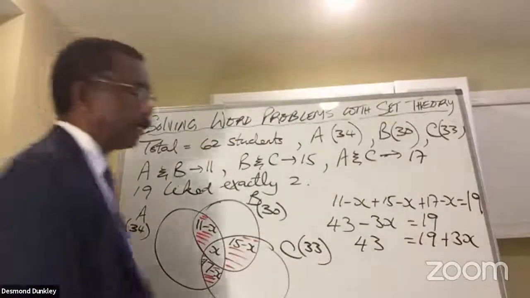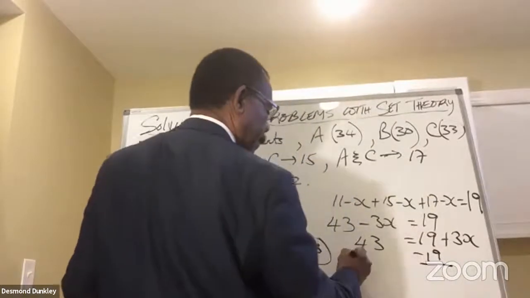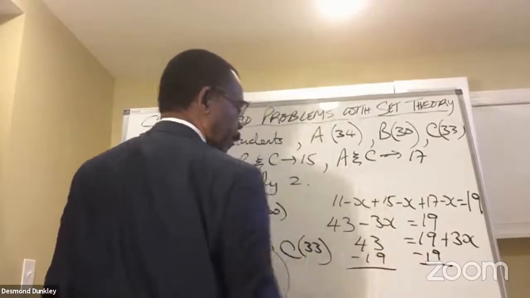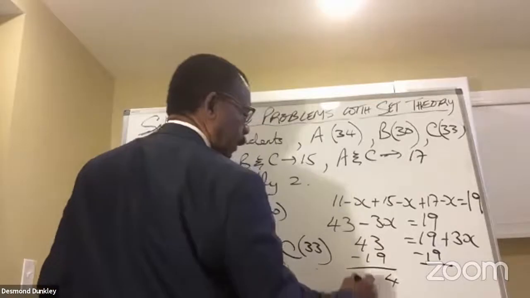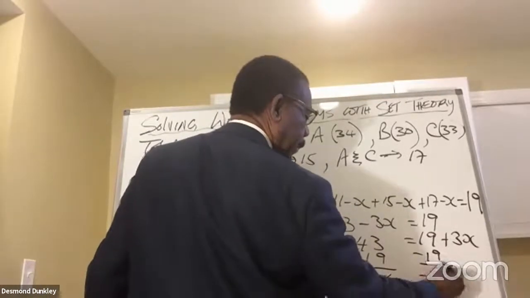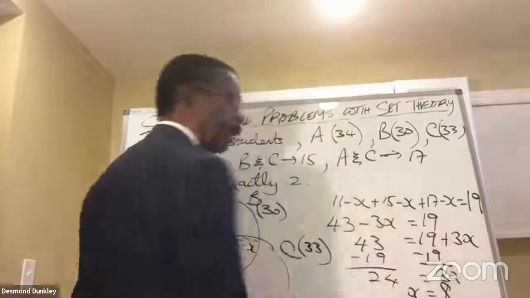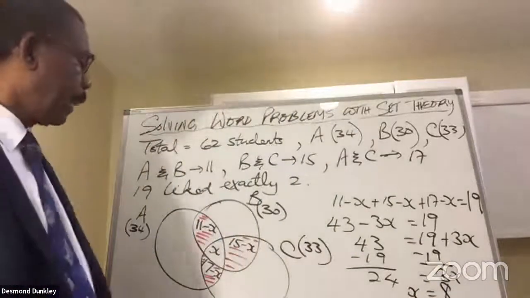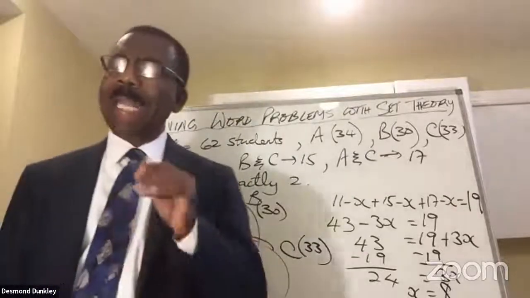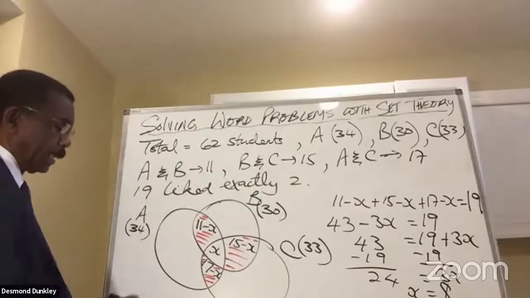Feel better? Then subtract 19. This gives me 24 equal to 3X. So therefore we see X is equal to 8. So we now discover that 8 people liked all 3 fruits. So this now becomes 8 in the center.